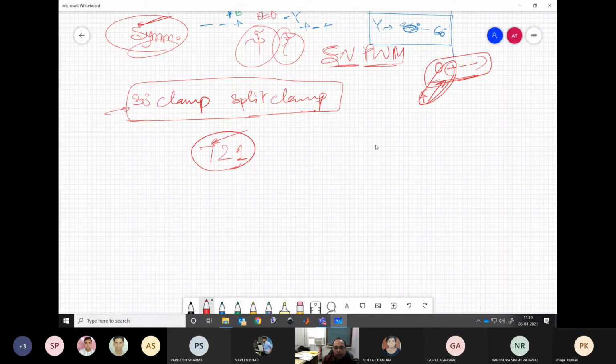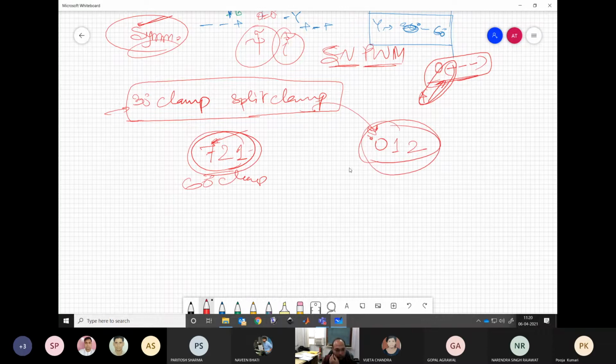If you just change the 0 vector in this sequence, let us say instead of 7, 1, you make it 0, 1, 2, just changing the 0 vector from 7 to 0 will change your clamping. So this was your 60-degree continual clamp, and this will become your 30-degree split clamp, 0, 1, 2.